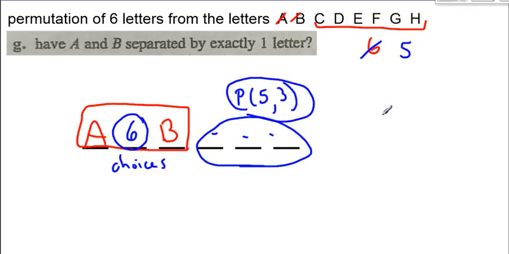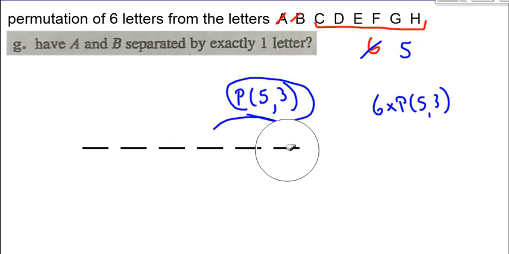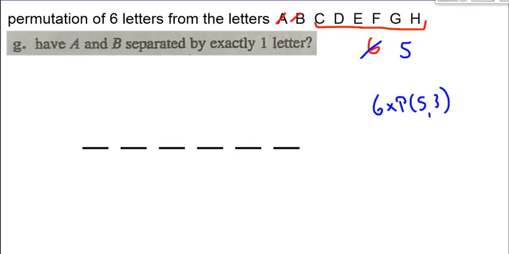So 6 times P53. But now I have to consider that this big word, A something B, didn't have to be in the first 3 positions. It could have been anywhere. So now I need to figure out how many different locations could I have put A something B, this big triple word. So let me do this. So I could have put A triple B. So it takes 3 spaces. So it could be these 3 spaces, or these 3 spaces, or these 3 spaces, or these 3 spaces.